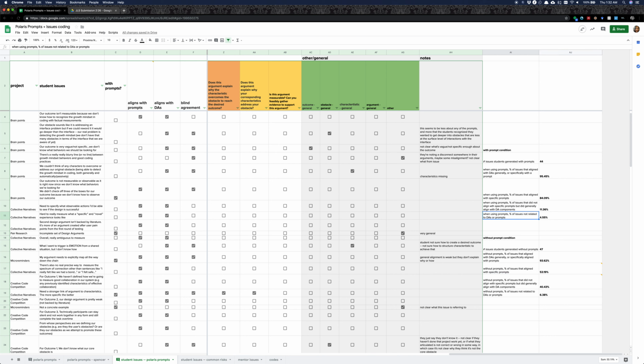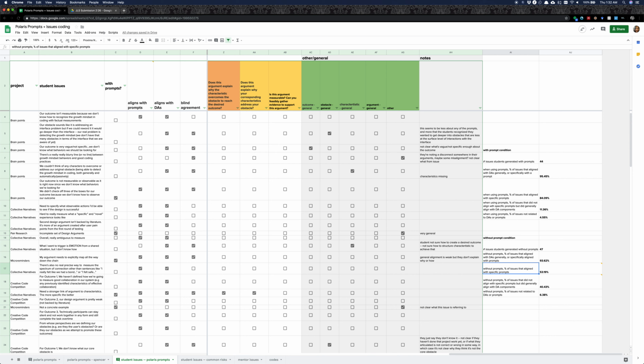So one of the questions I had was, well, this percentage is still quite high. Of the issues that students generated without prompts, 53% still aligned with the types of things that you would see in the prompts themselves.